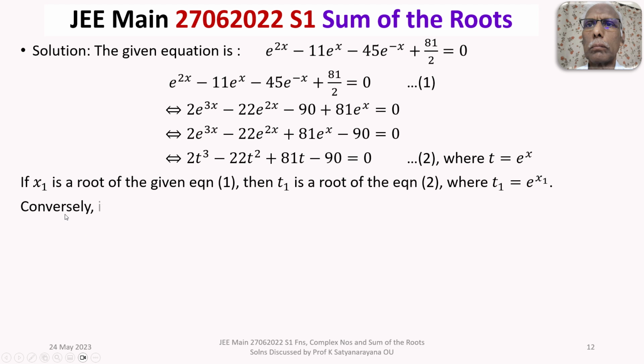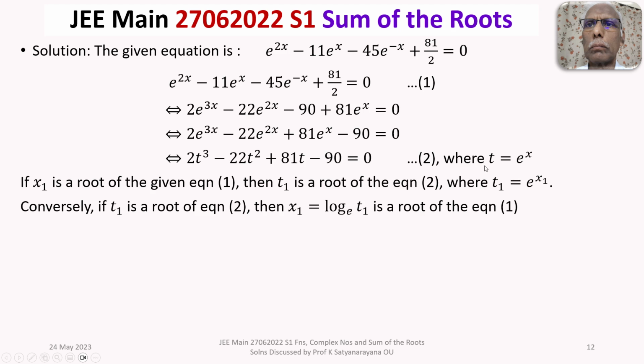Conversely, if t1 is a root of the equation 2, then t1 will be e to the power of some x1. So that means x1 will be log t1 to the base e. So if you know t1 is a root of the equation 2, how do you get a root of 1?